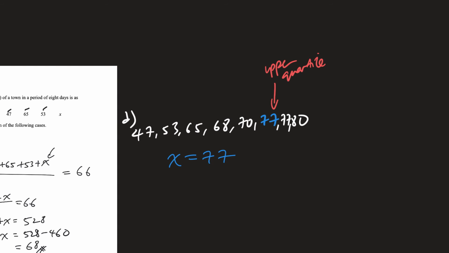You can see this is my upper half, right? 4 numbers here, 4 numbers here. And you can see clearly now that my upper quartile is between these two numbers, 77 and 77, and my upper quartile is therefore 77. And that's the only way that can happen.